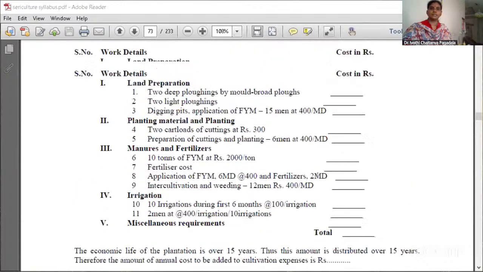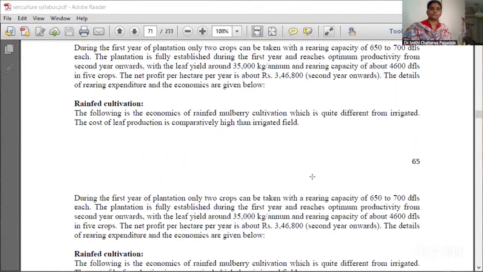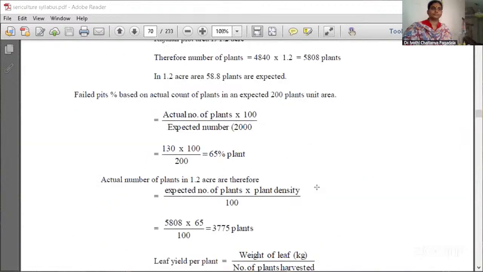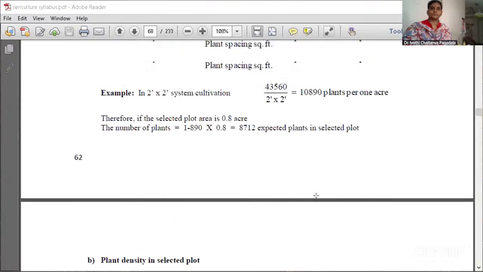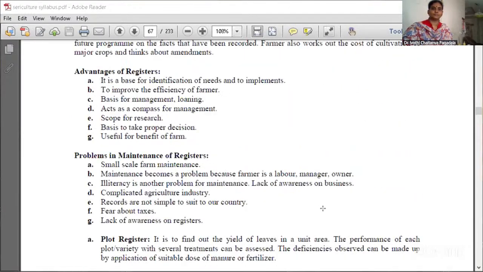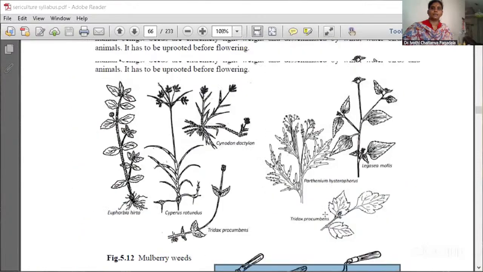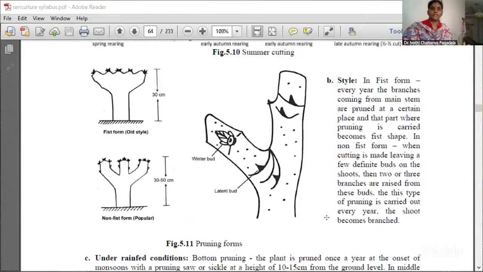Here you can see the planting system, and how we maintain the planting system like a row system and a pit system.